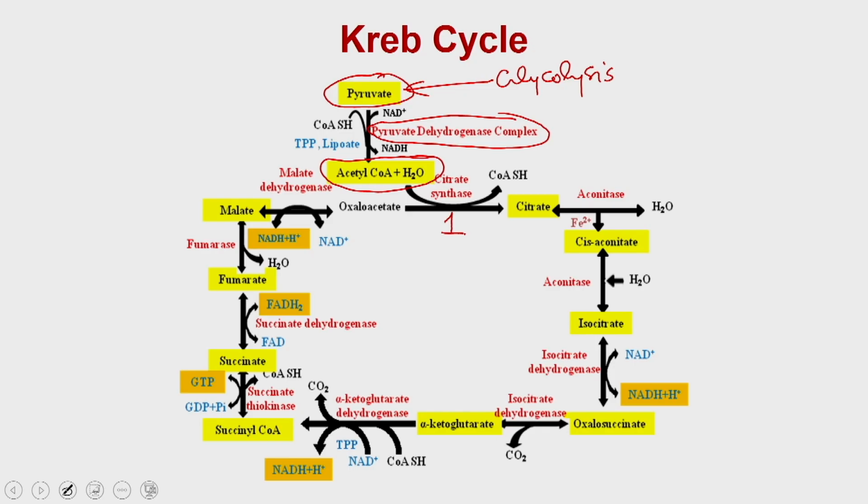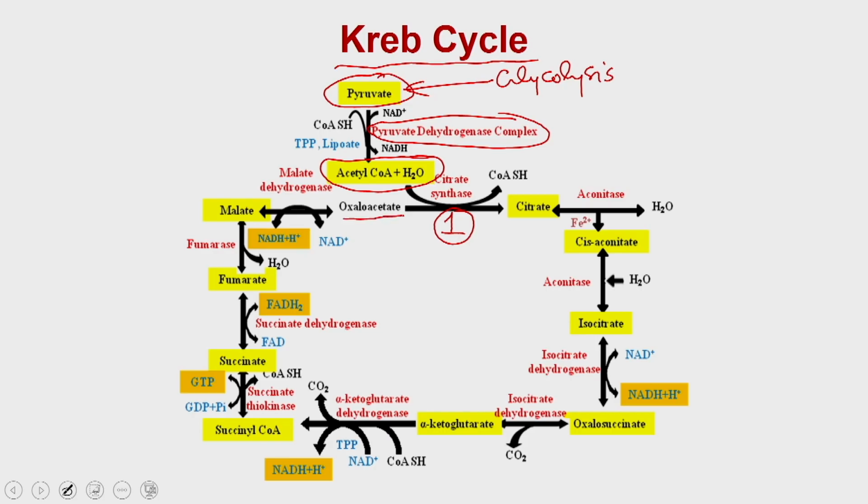As the name suggests, the Krebs cycle was discovered by a scientist named Hans Krebs, and it is a series of reactions catalyzing different steps to generate ATP as well as reducing equivalents.